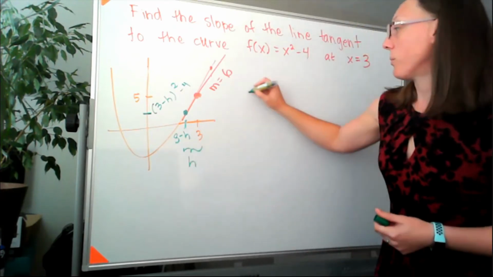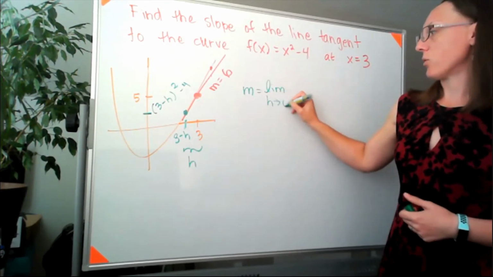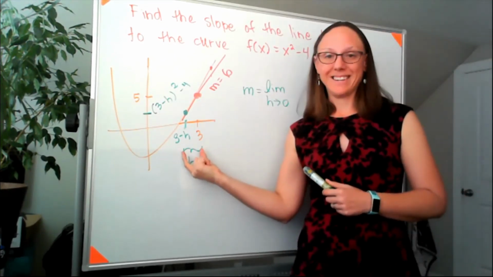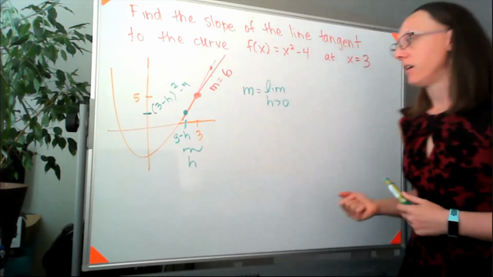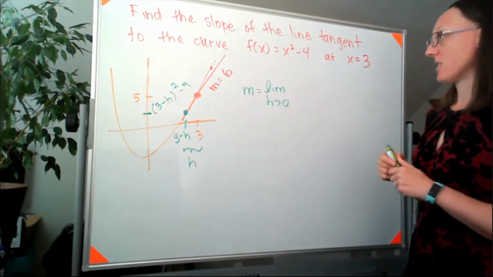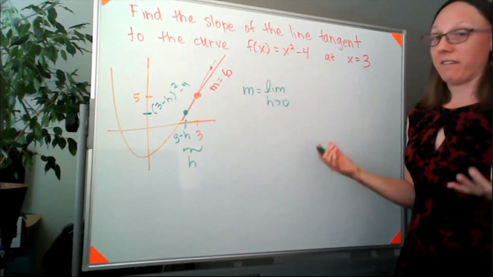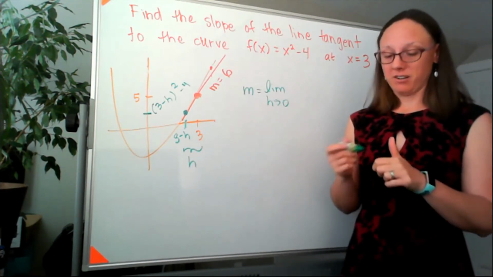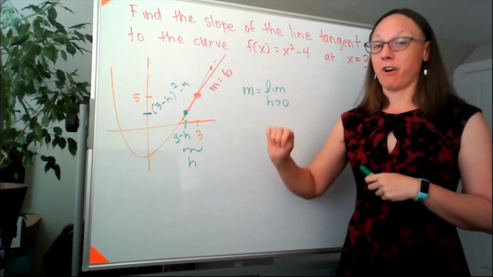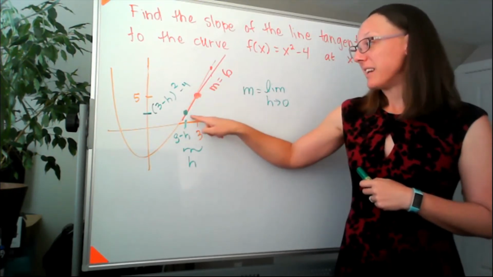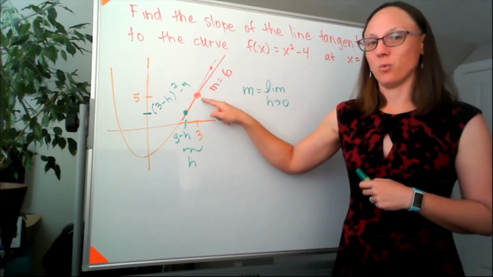And if I set the slope up this way, I would still be taking the limit as h approaches 0 because h is the distance between those 2 points. So I'm still letting that part go to 0. So I'm taking the limit as h approaches 0. And my two y values here, convention would have us do y2 minus y1, moving from left to right, meaning this would be my x1, y1, and this would be my x2, y2.